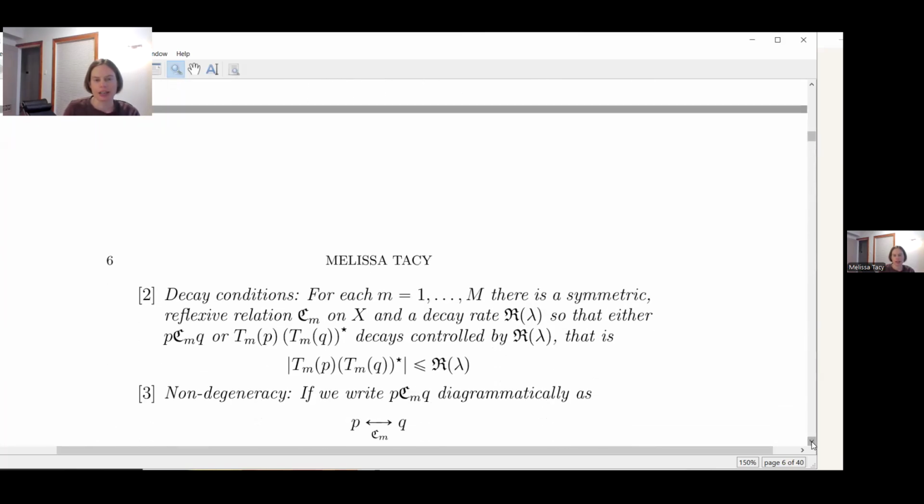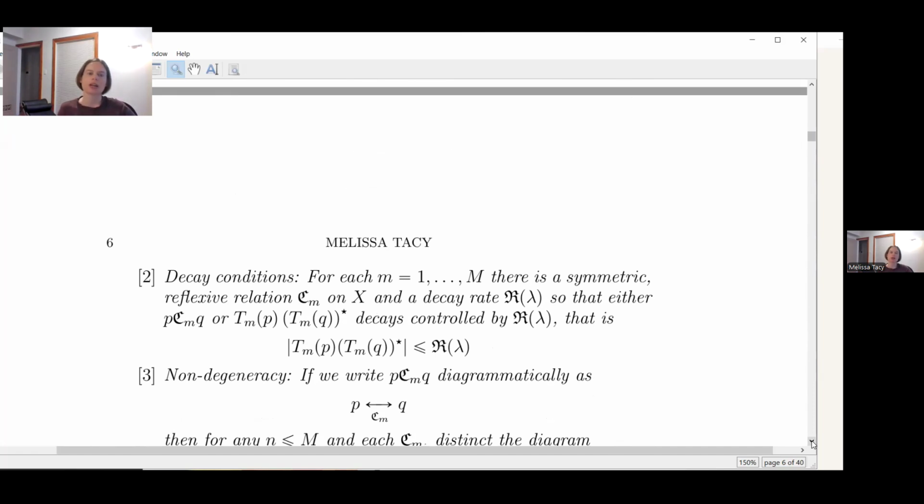So now we need decay conditions. The decay conditions say that for each one of the operators, I have some kind of dichotomy: either TmP, TmQ star decays, or there's some condition that has to be met.